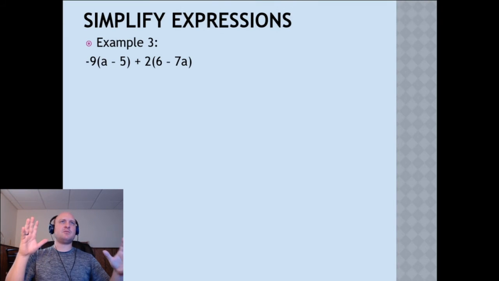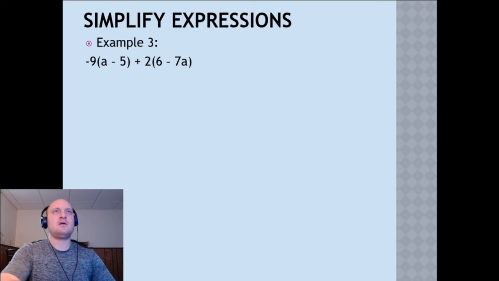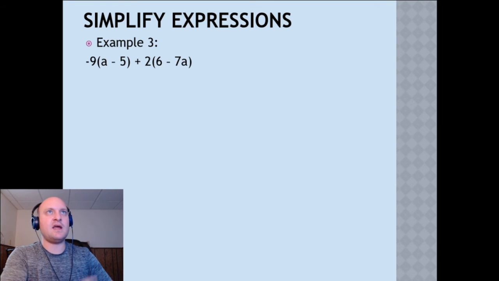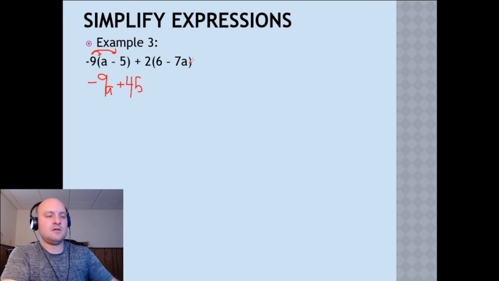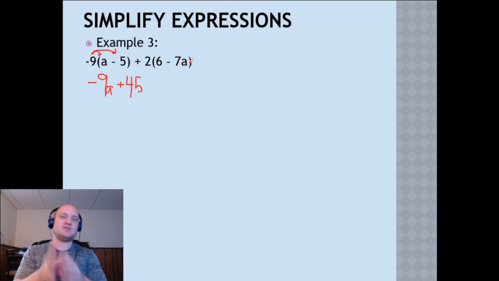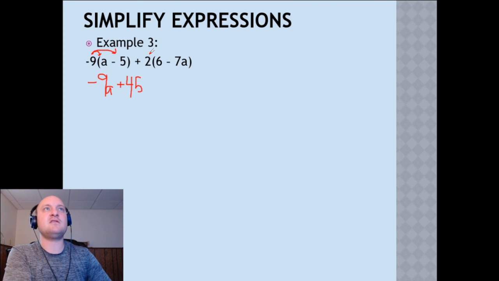Our final example puts these two major concepts of like terms and distribution together into one big problem. And there's something you should notice right away. I'm multiplying by a negative 9, and that goes into the parentheses, and has a minus 9a and again a double negative of negative 9 times negative 5 for a positive 45. Since the parentheses stop, so did my distribution. However, there's another parentheses for the 2 multiplied into the 6 and the minus 7a.